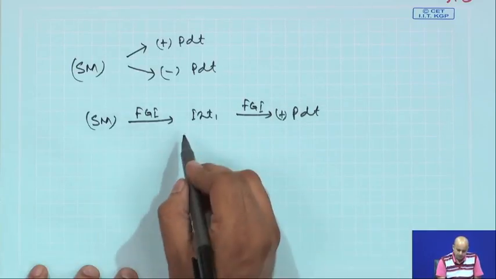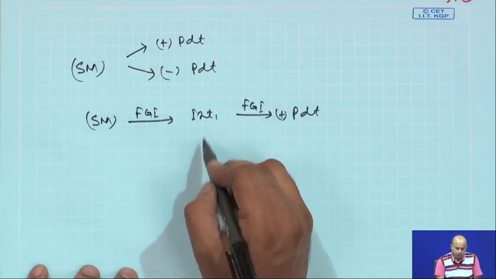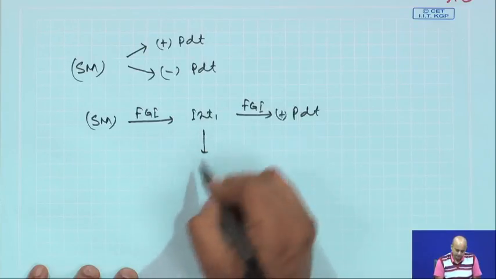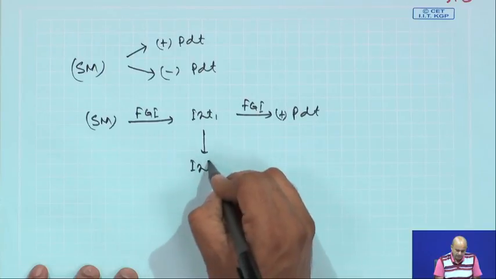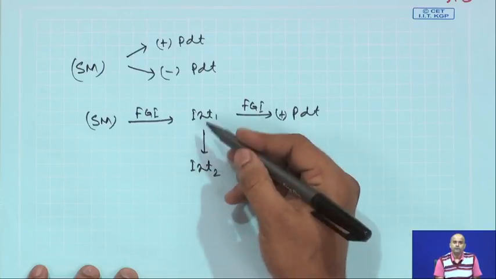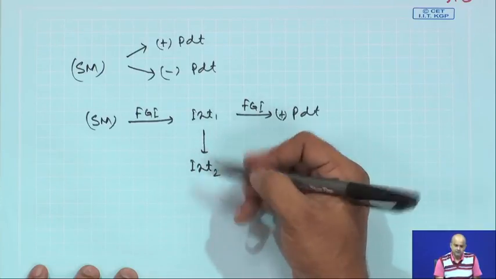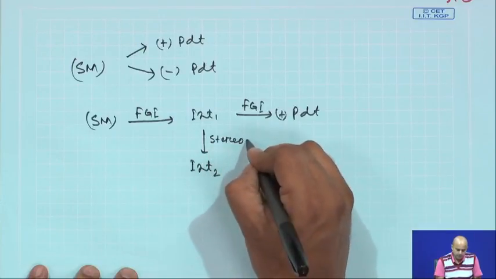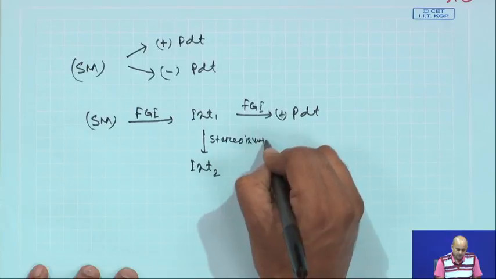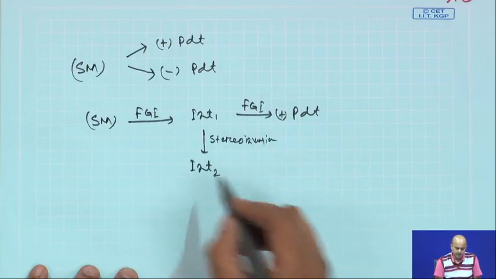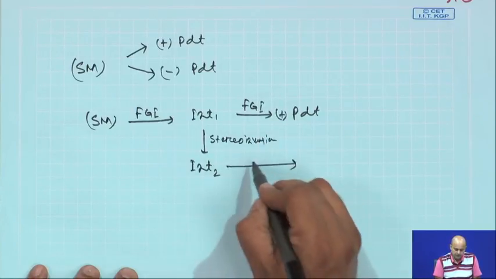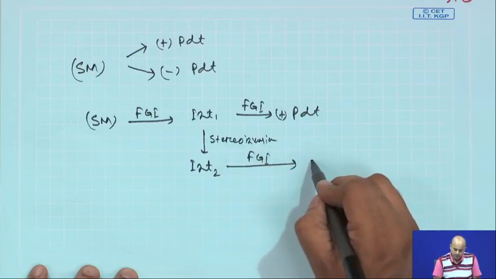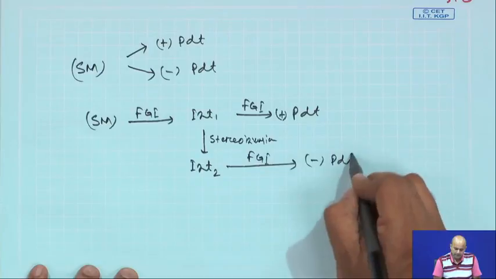Okay. Now, in this whole process, at one of the intermediates, you can do some stereochemical sense changing, either by inversion or by mutation, and you may get another intermediate. Now, this intermediate will lead you to the negative or the minus product.